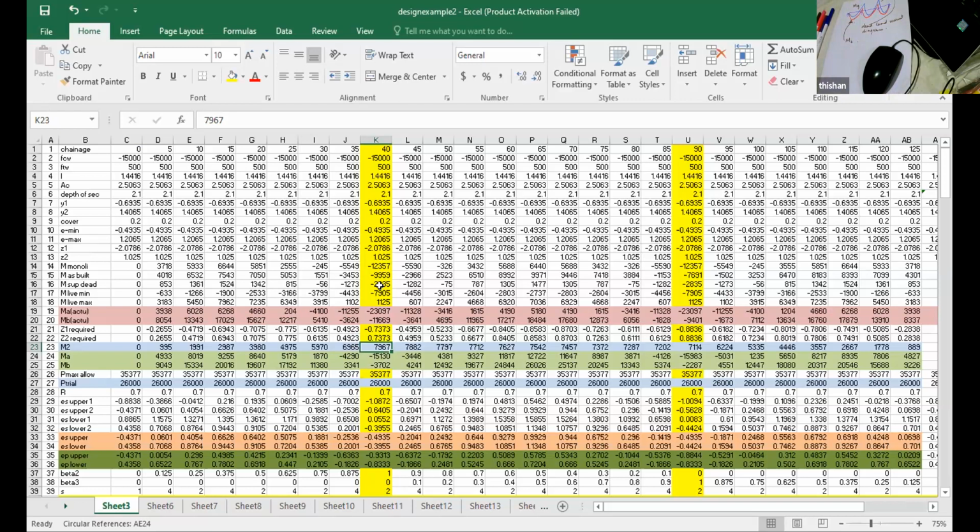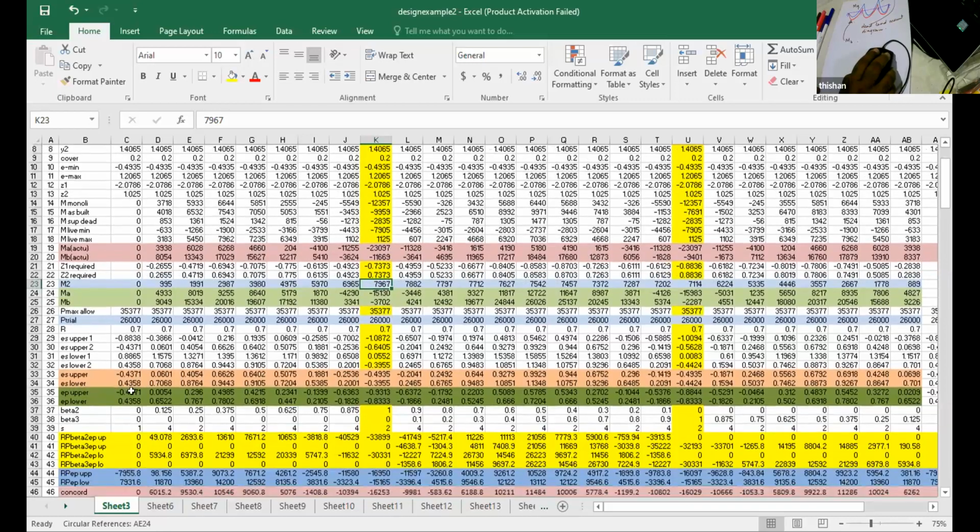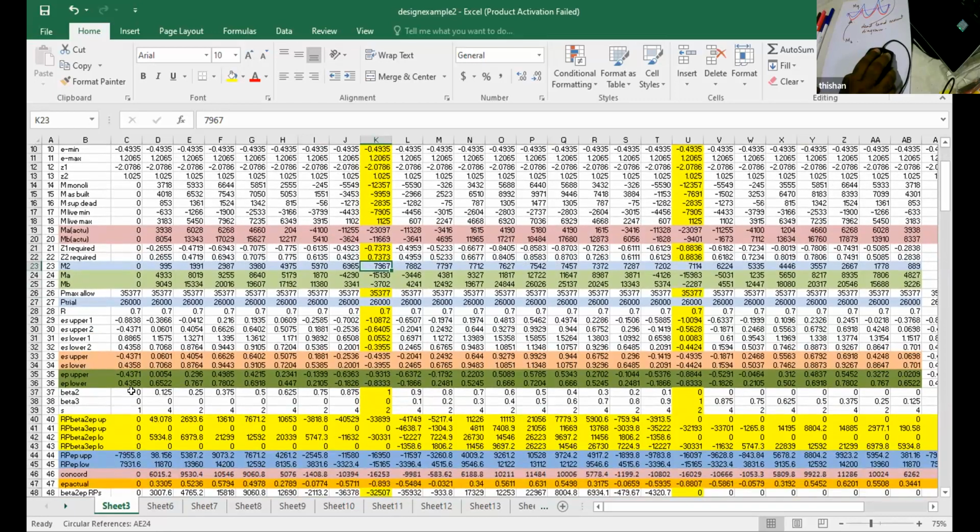The other important thing you can see here, when you look at these beta values, is that beta 2 has varied from 0 to 1 and 1 to 0. I have entered those values manually rather than writing an equation.